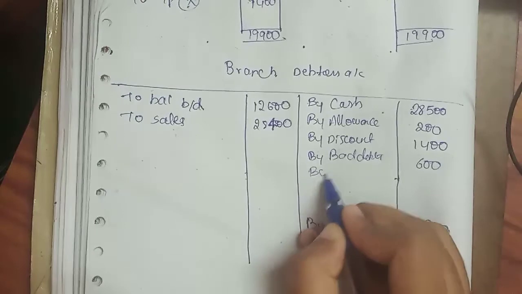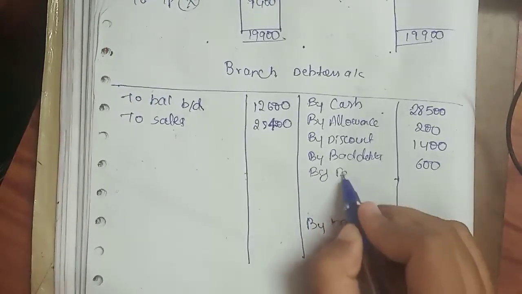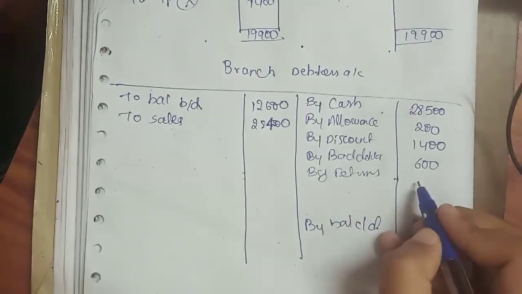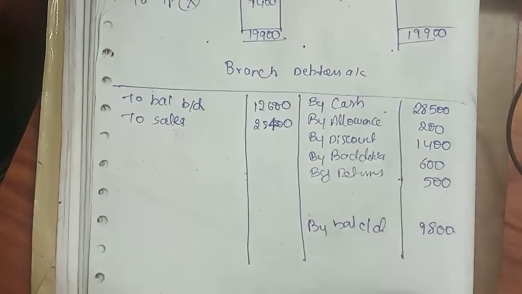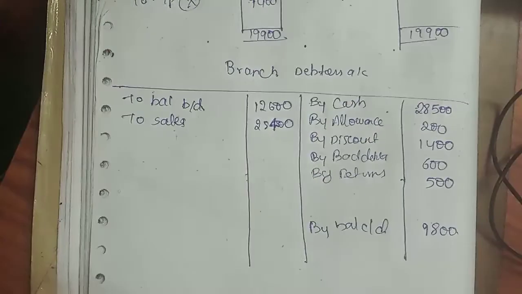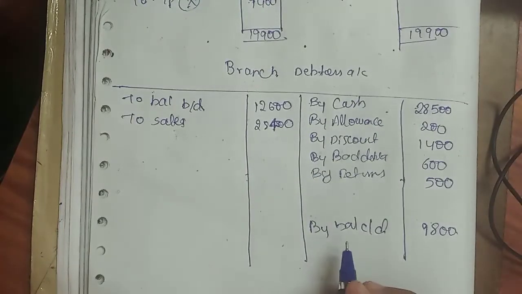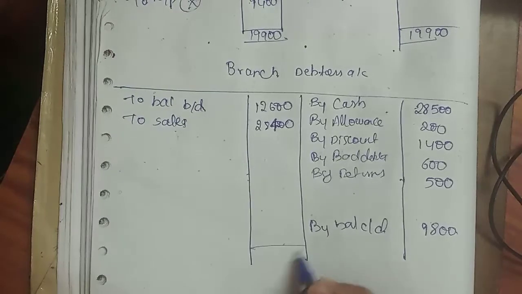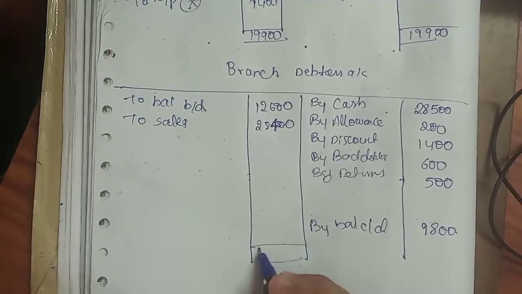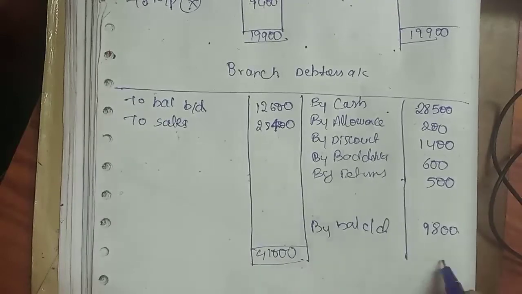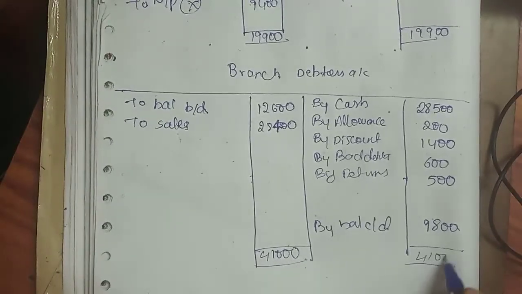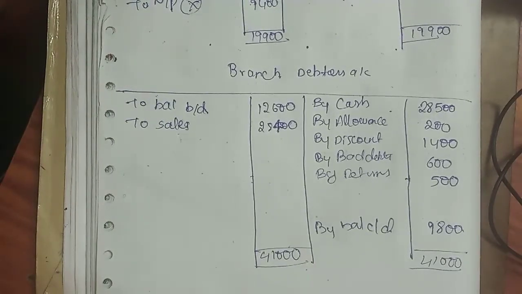Goods returned by customers, so returns 500. So already you have written the closing balance. Now the total you are getting is 41,000. That's it. So that's all about this topic.